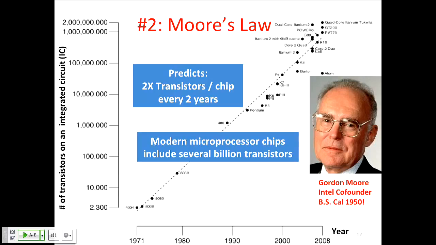Taking into account, if you tried to put too many on, they wouldn't all yield and you'd get failures, right? If you put too few on, you would waste money. So he's figuring out what's the most cost-effective number of transistors per chip in each technology generation, and then he extrapolated how he expected that to advance over time, and he was surprisingly accurate that, over this long period, we've basically been doubling every 18 months to 2 years, doubling the number of transistors per chip.